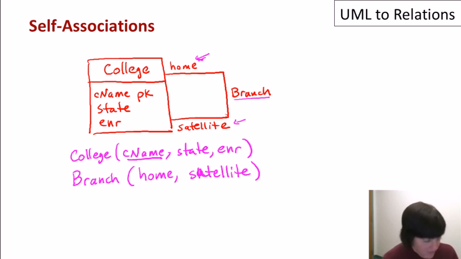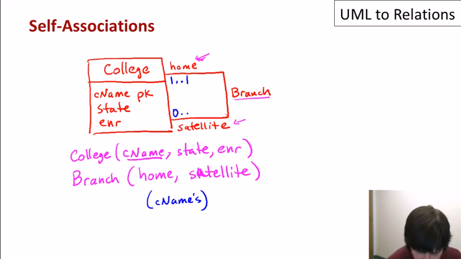Now, these values here will be college names. That will be the domain that we're drawing from, but we're calling them home and satellite to distinguish their roles in the association. Now, what about keys? We said before that every satellite campus has exactly one home campus, so we write it that way, and that a home campus could have, I think we said something like 0 to 10 satellite campuses.